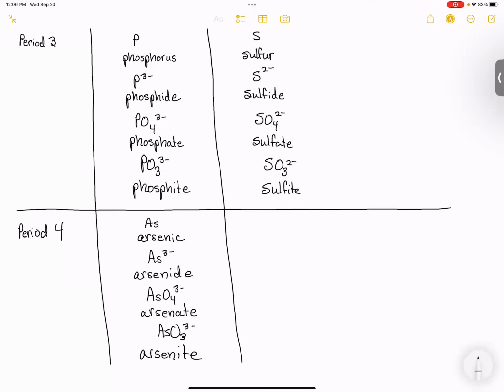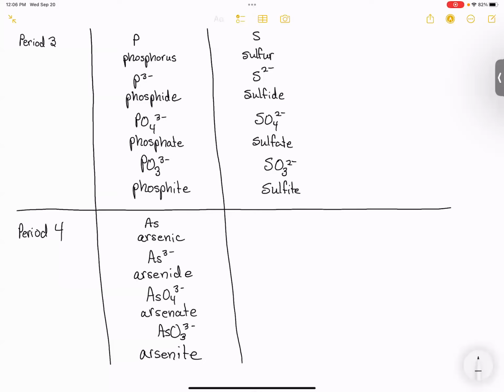Okay, they all go from IDE when we're talking about the element anion, to ATE when we're talking about the polyatomic ion that has 4 oxygens, to ITE when we're talking about the polyatomic ion with 3 oxygens. What else?